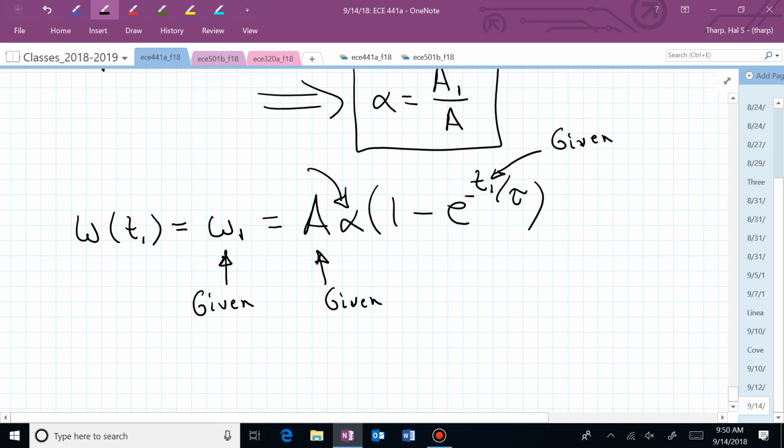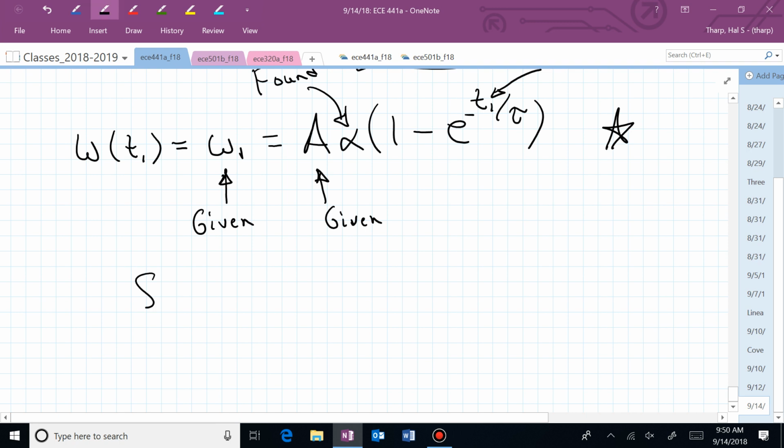What's alpha? We found that. There's only one unknown in that remaining formula. We can solve now. So if we call this star, we can solve star for tau. And now we know how quickly we made it to our final value.